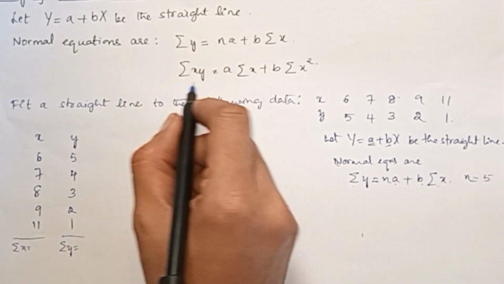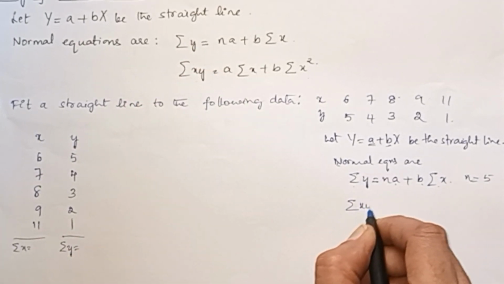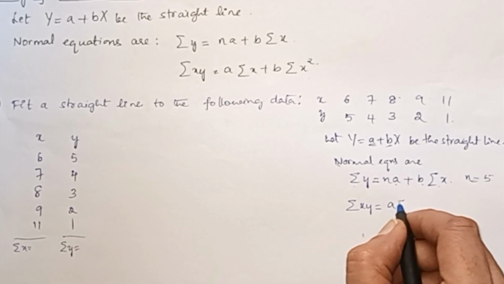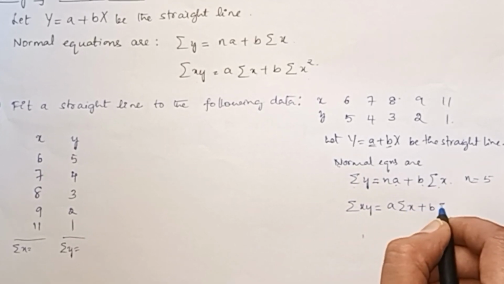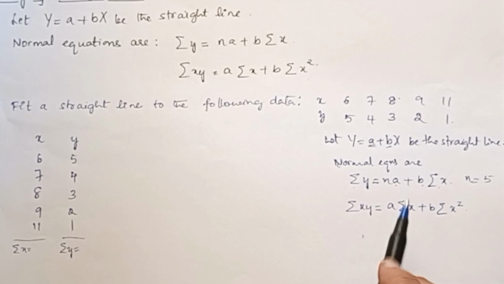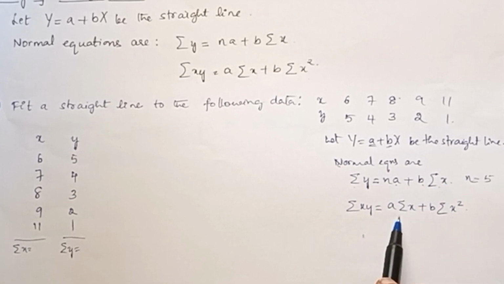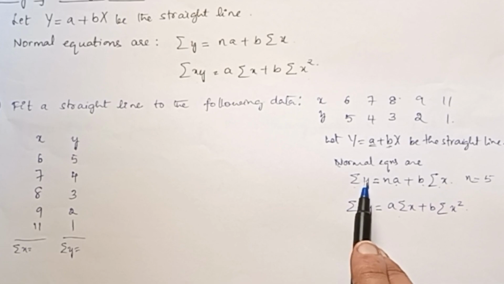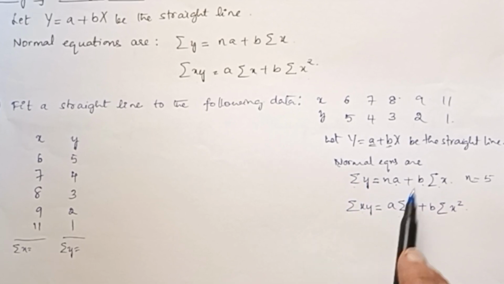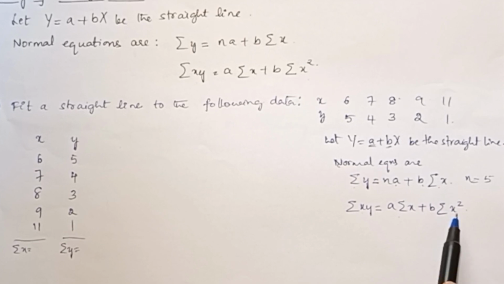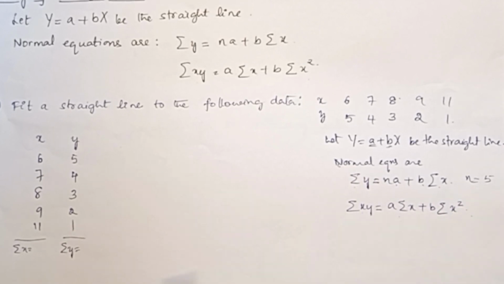Okay, next I need summation xy, which is equal to a into summation x plus b into summation of x square. Easy to remember the formula, na plus b into summation of x as it is. In the second equation, y gets multiplied by x and a into this sum comes first, next plus b into summation of x square.